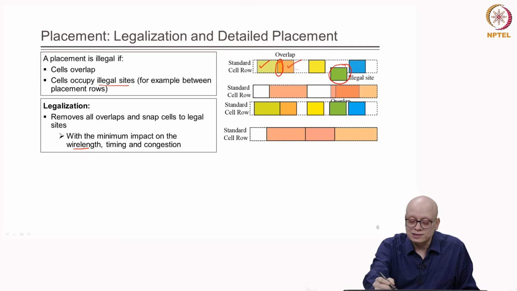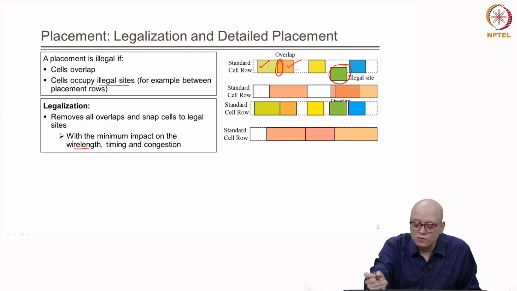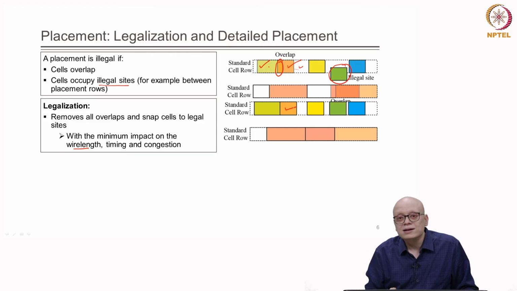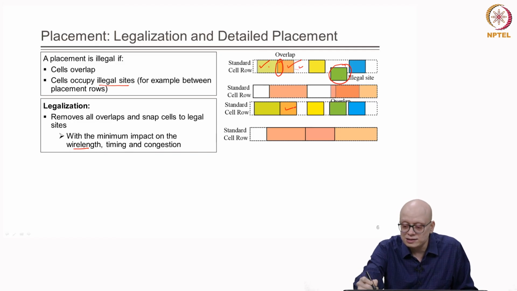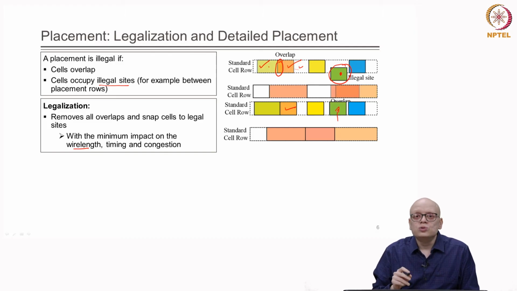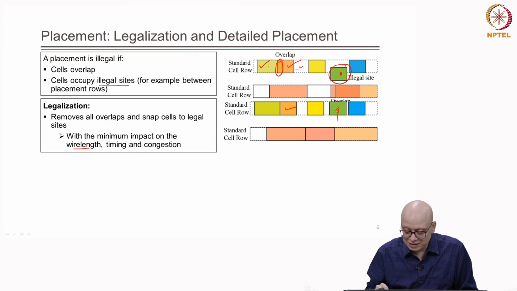For example, if these two cells were overlapping and there was an empty space alongside, it will simply move this cell to the right, and it becomes legalized. Similarly, this cell was out of the row, so it simply pulls it into the row, and the solution becomes legalized. So, legalization does not attempt a large change in the placement, it only snaps the cells or moves the cell by a small amount, so that the cells become legalized.